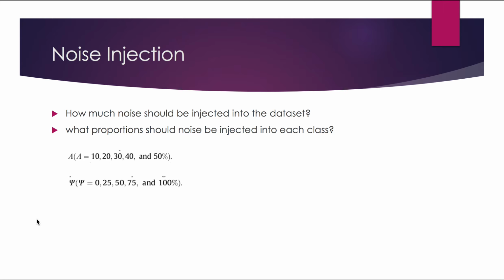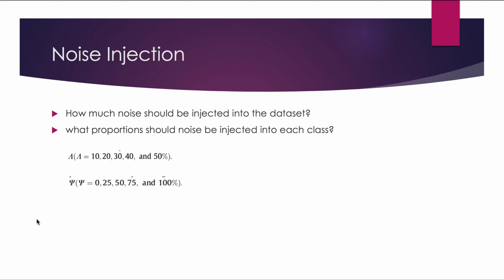I think the first question is really easy, since based on the data generation process, datasets from different domains may have different levels of noise. Then the second question is, what proportions should noise be injected into each class? This question is harder since it may require some justification.